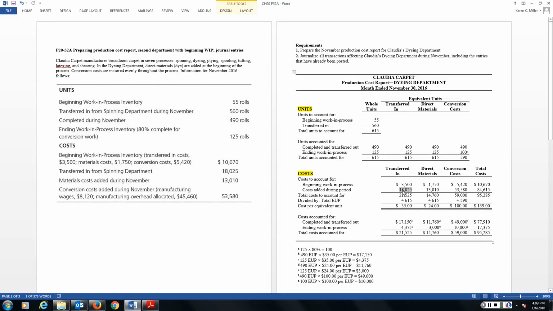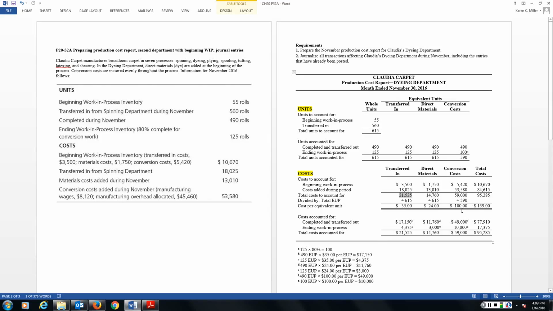So what we have to start with are those beginning work in process costs and the costs that were transferred into this particular process. So our transferred in costs are $21,525, and we want to see these costs separately from the materials and labor and overhead that are about to occur, because basically management for the dye department really only wants to be held accountable for the material, labor, and overhead that they are adding to this product.